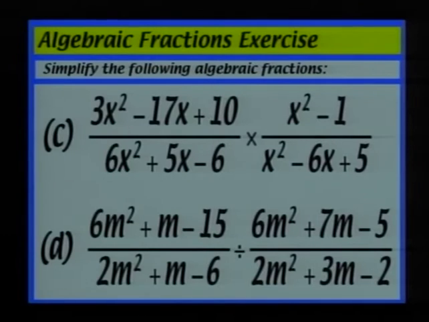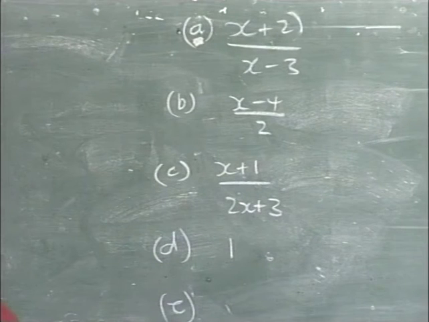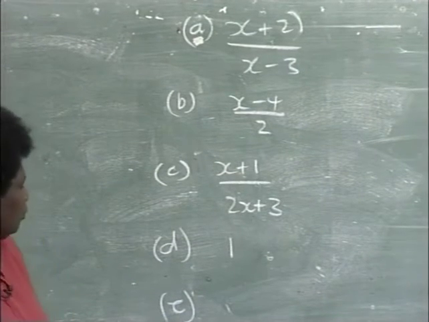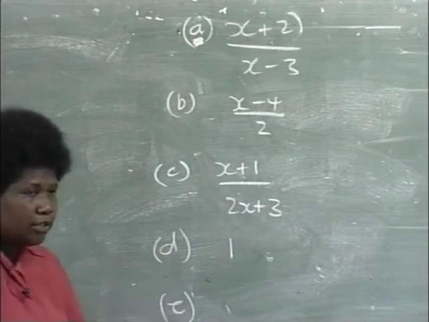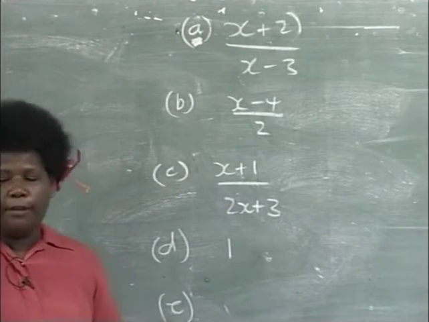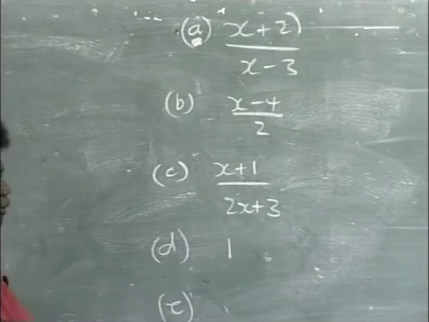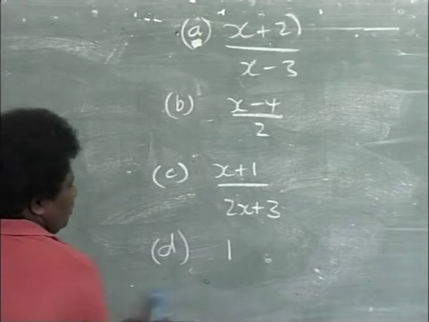Is it 1? Letter E. Oh, okay. Any questions? All right, you just have to remember that you are not supposed to cancel. You're supposed to factorize first before you cancel. Okay.